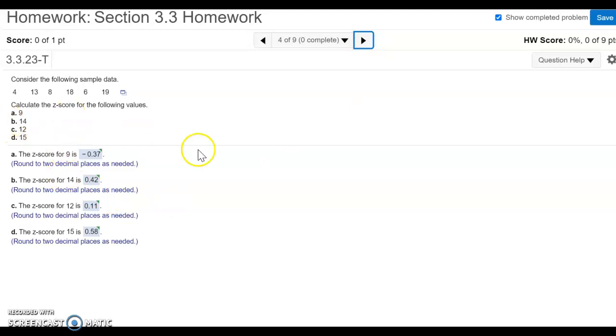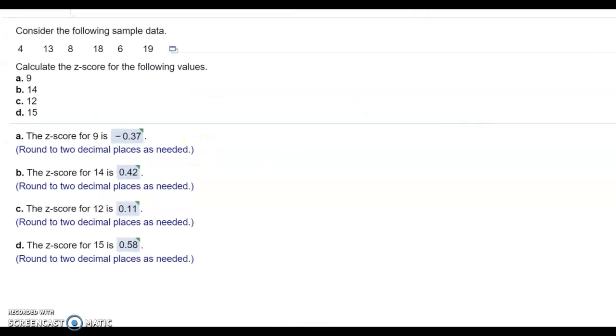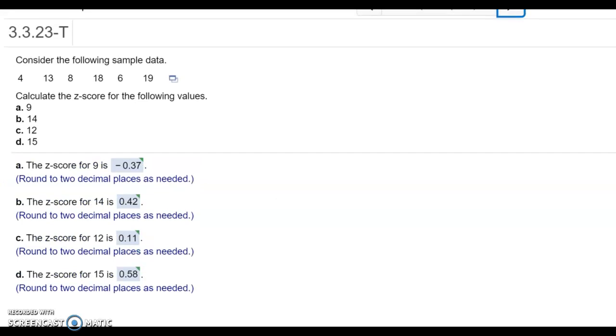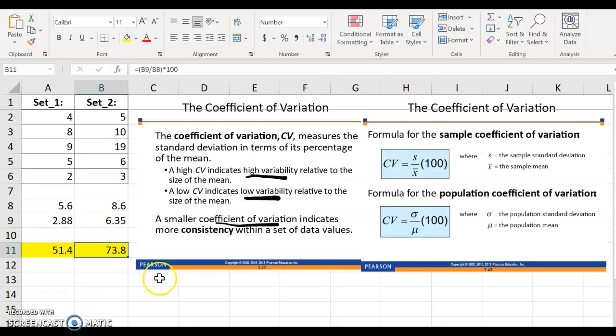where, okay, so for this one, we are not given the mean or the standard deviation. So what we have to do is calculate that first. You have to have the mean and the standard deviation in order to calculate the z-score.